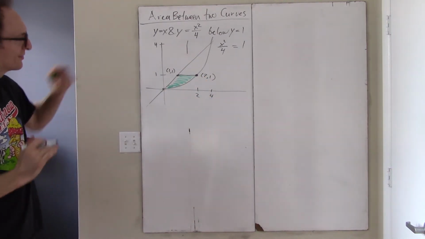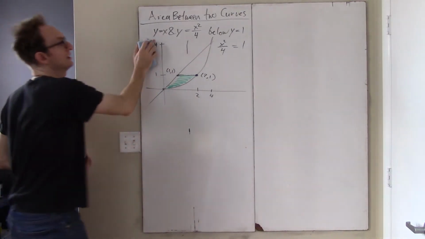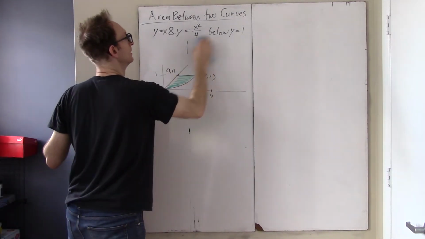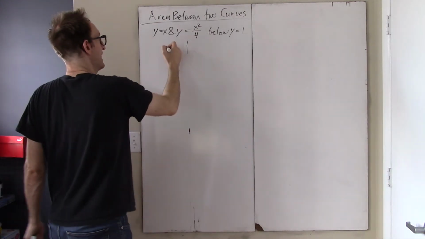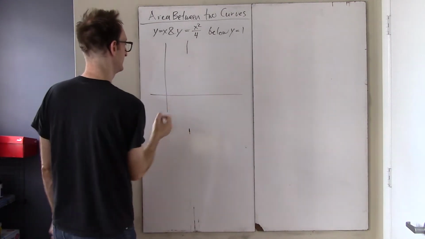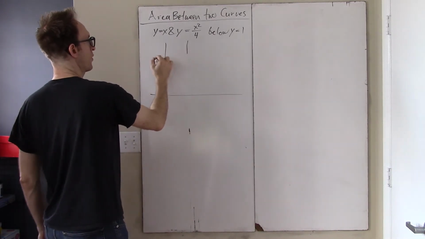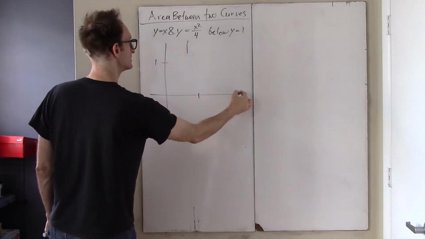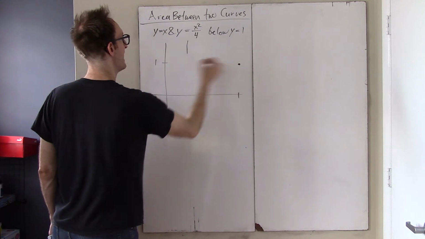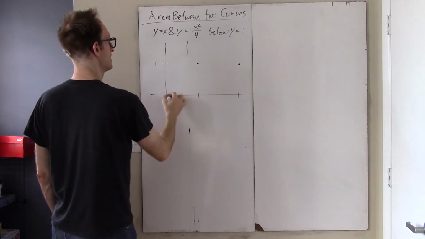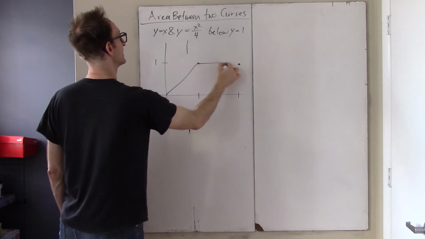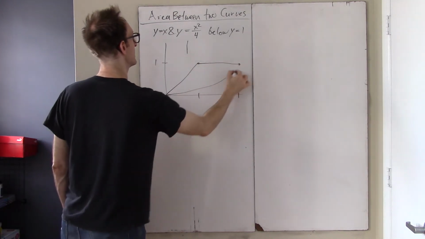So this picture is double bad, so I quickly redo it. And we see that here's 1, 1, 2, and here is the line y equals x, and here's my parabola.